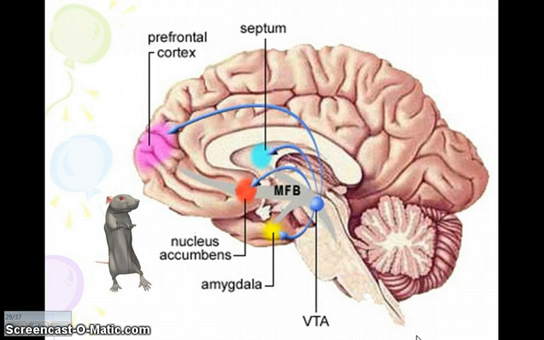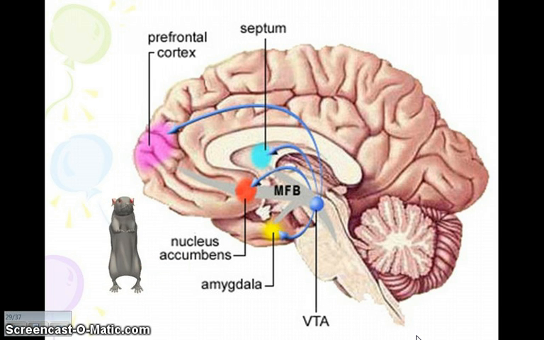Now, one of the things about drugs, they've done a lot of studies over the years with rats, and years ago they would literally put a little electrode into various parts of a rat's brain, and then they would stimulate those very specific areas of the brain to see what kind of behavior it would cause within a rat.